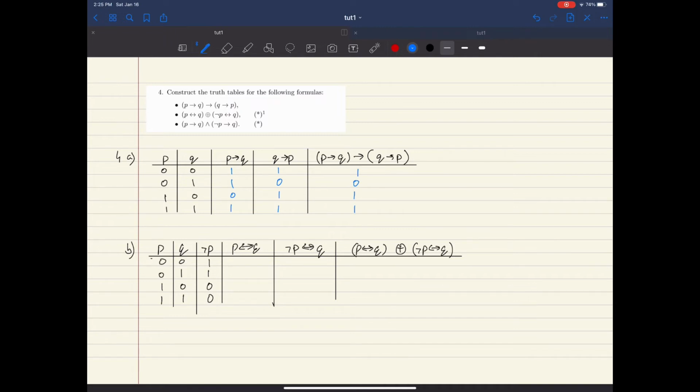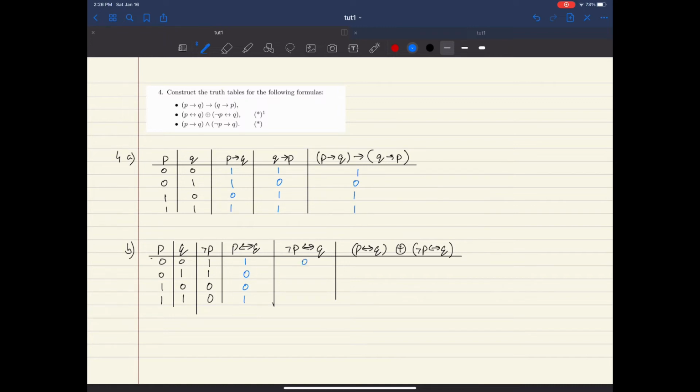For the second part, we have P biconditional Q XOR not P biconditional Q. So the biconditional is true only when both the statements are either 1 or 0, and it's 0 otherwise.